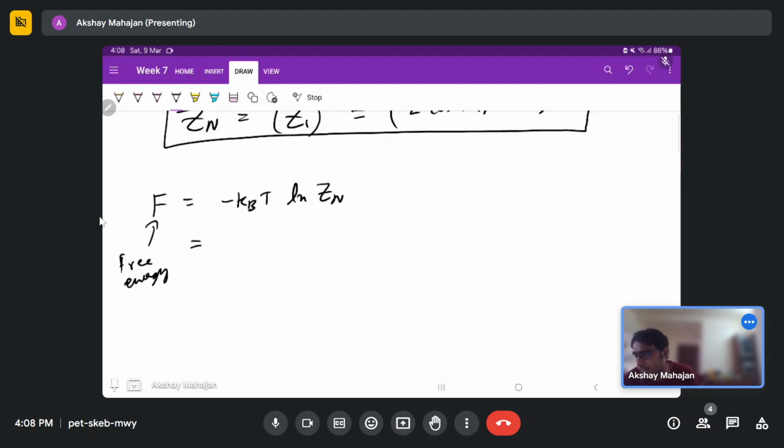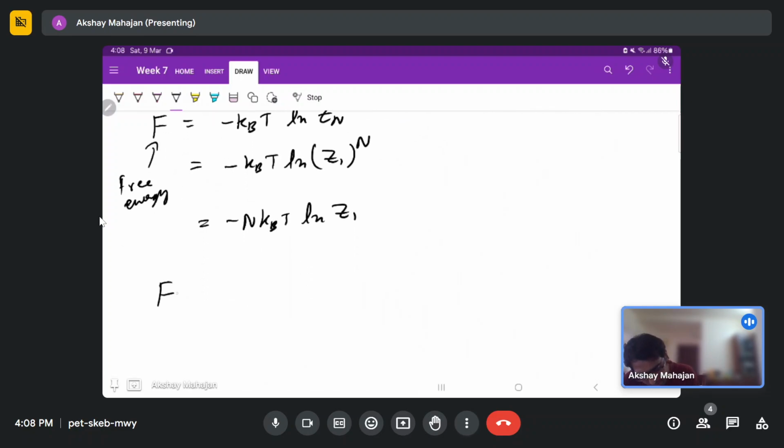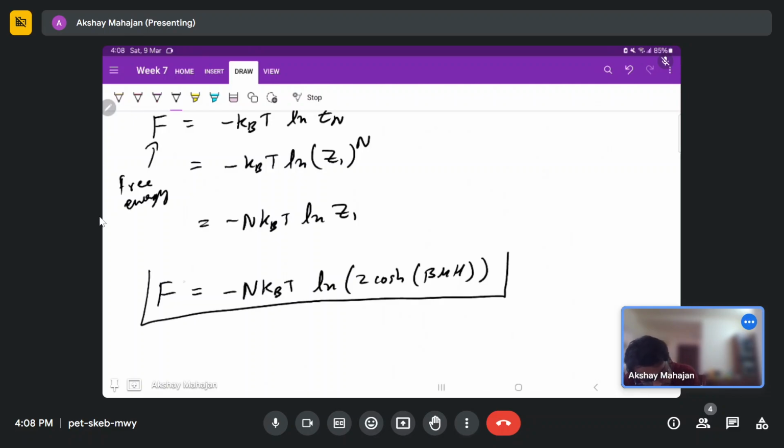So it will be minus k_B T ln of Z_1 to the power n, which can be written as minus n k_B T ln of the partition function for one spin system, and that we know is 2 cosh(β μ h). So our free energy will be minus n k_B T ln of 2 cosh(β μ h).